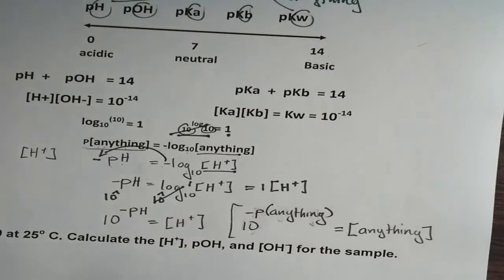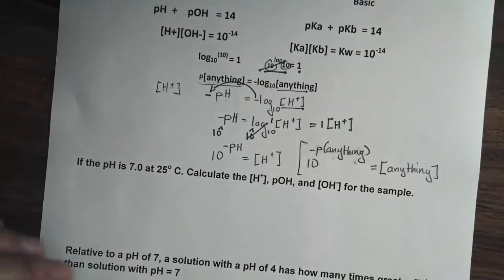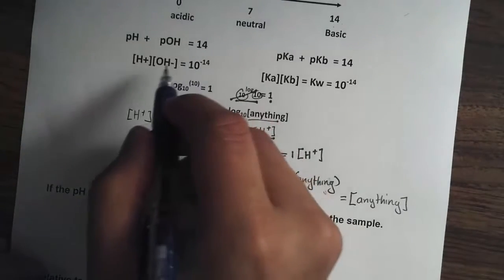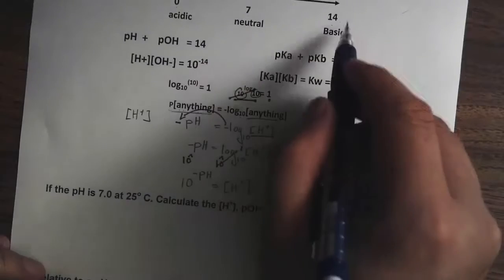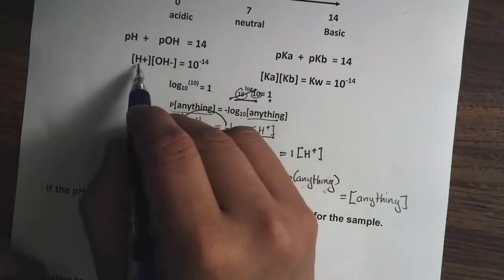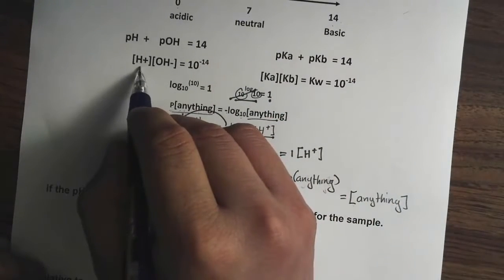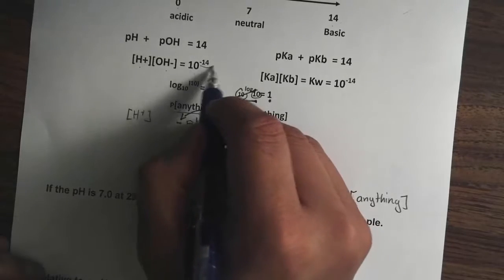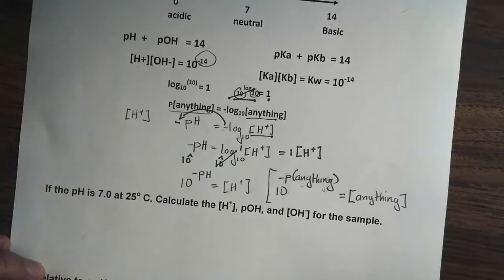And this can be applicable to all these up here. So let's look at this particular problem together. Then we also have the relationship in terms of concentration. Look at the pH scale from 0 to 14. You take the concentration of H plus times the concentration of OH minus, and that gives us 10 to the negative 14.